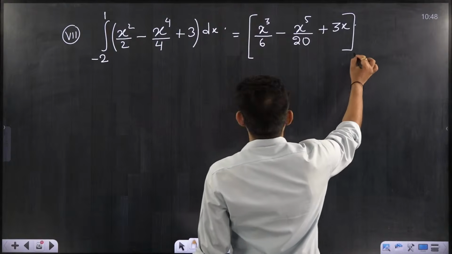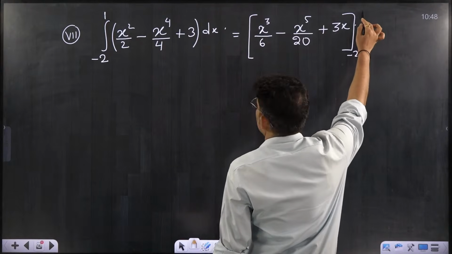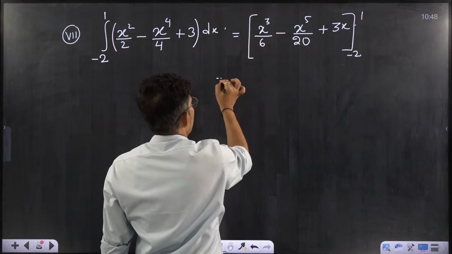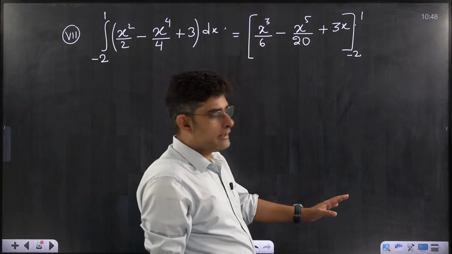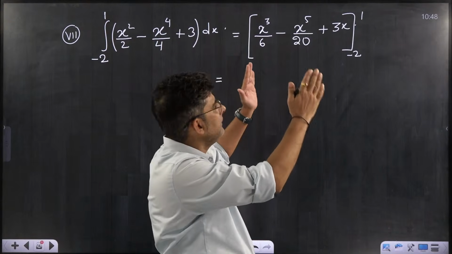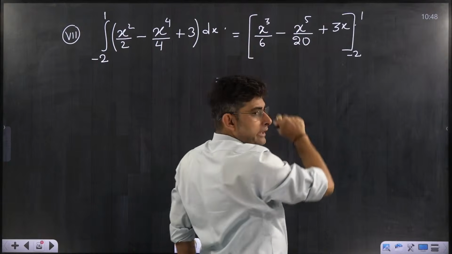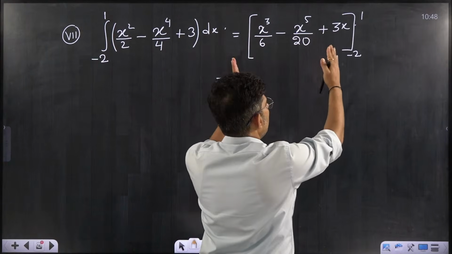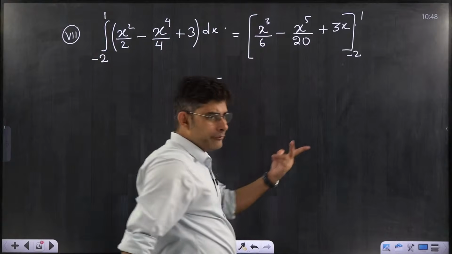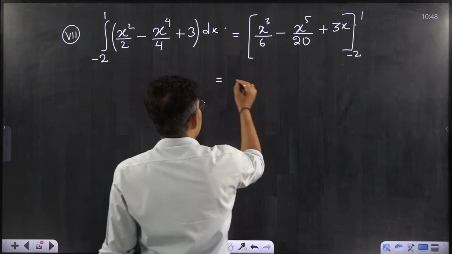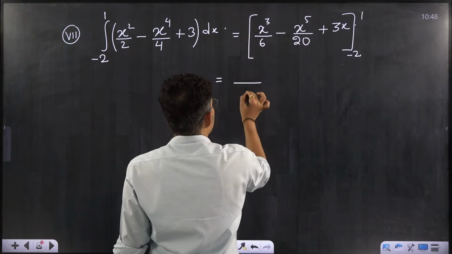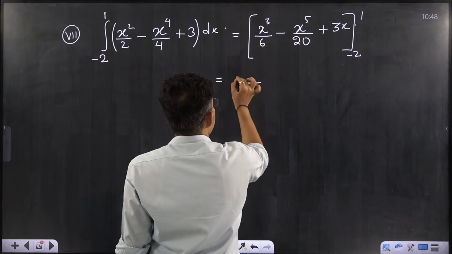Then here we have -2 to 1. Now what you will do in such cases, beta, when you have these forms, either you can put in every term individually or you can take the whole upper limit minus the lower limit. Whichever suits you, you can do that. So see what I will do here. First I will take 1 by 6 x cube.